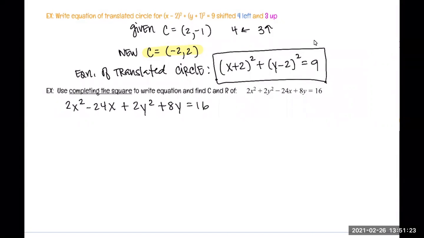Then just looking at my x's, I'm going to take out what's common because we want to only complete the square with an x squared. So I'm going to be able to take out a 2 out of just the x's. And this is where my setup of my completing the square will begin. I'm going to be able to take out a 2 out of the y's.